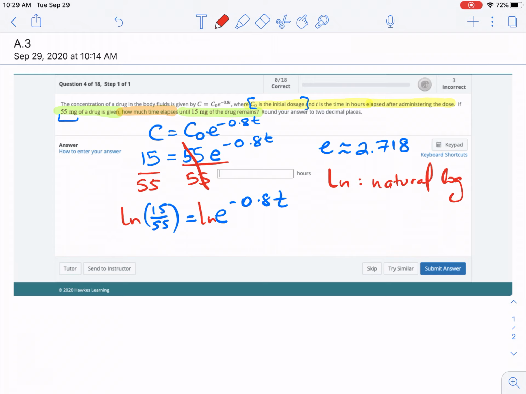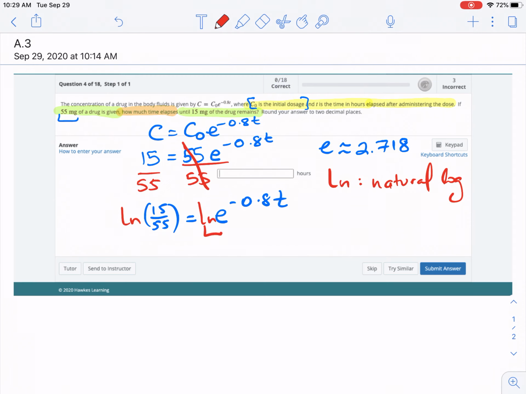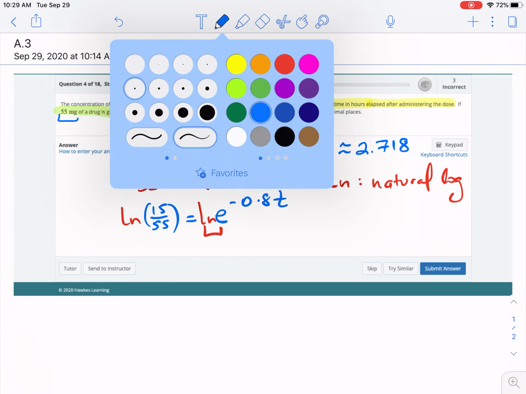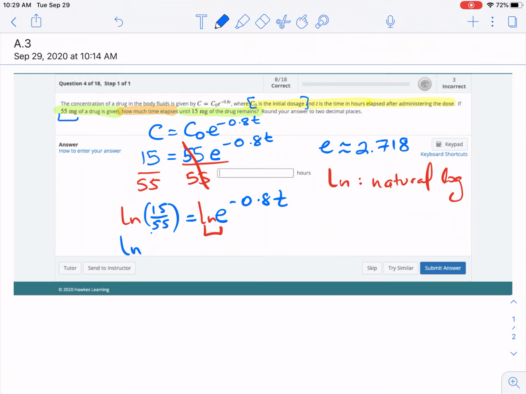And then finally, because we took the natural log of the right-hand side and these two are inverses of each other, it's kind of like they cancel. And so to solve for t, we're just going to divide everything by negative 0.8 so that we get our t, and we're going to approximate it to 2 decimal places.